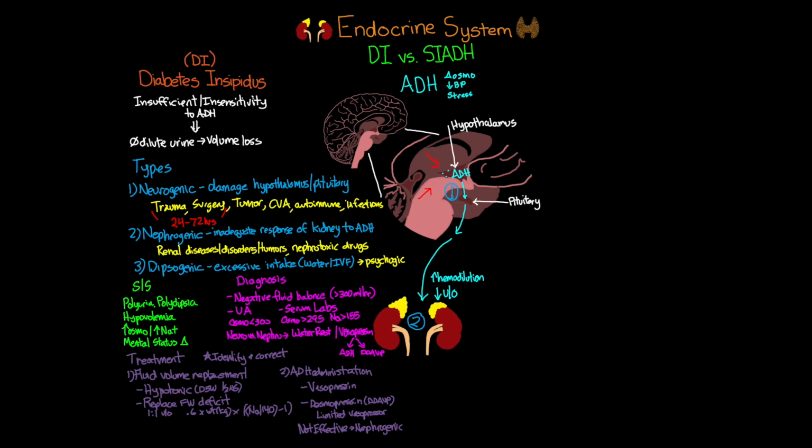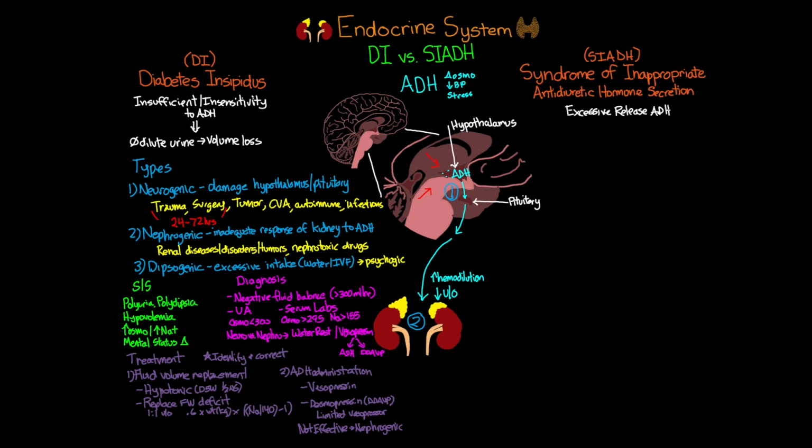All right, so let's go ahead and move on to our syndrome of inappropriate antidiuretic hormone secretion, which is what we often refer to as SIADH. And as you can probably figure out, in the case of SIADH, here we're going to have this excessive release of antidiuretic hormone without any regard to our plasma osmolality or our fluid volume status.